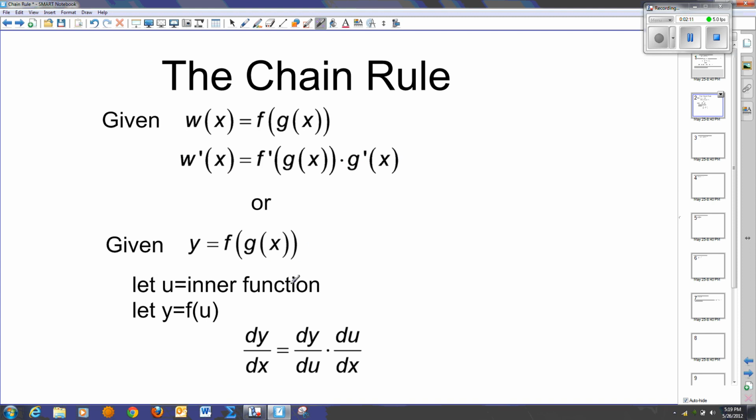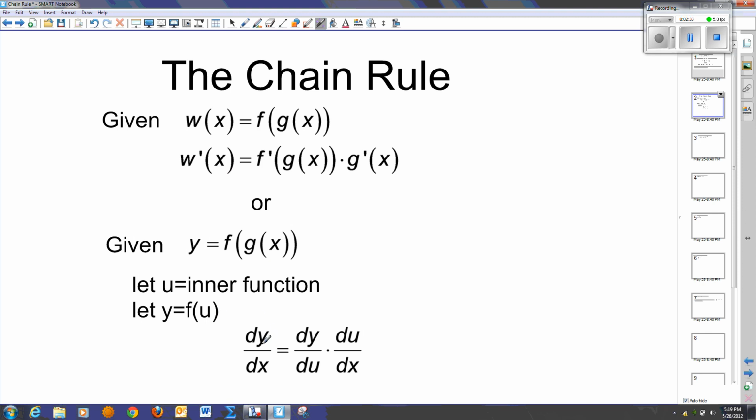Or, this is the one I like a little bit better, if you have some f of g of x term, then you let the inner function, or g of x in this case, equal some u term. And then y is going to equal f of some u term rather than f of x.